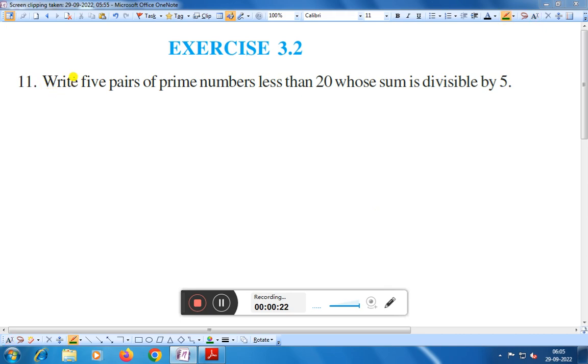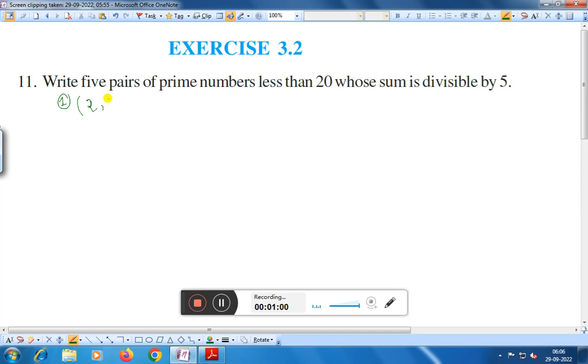Let us take one pair. Suppose we have taken pair 1 as 2 and 3.